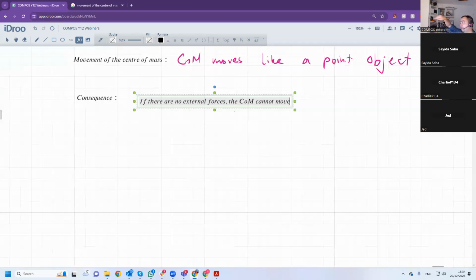You need to walk outside and push it from the outside, and in this case, the friction from the road is the external force. When a car moves, the friction from the road causes the car to move forward. But if you're inside, you cannot make it move. So you always need to push against something, right? So the center of mass cannot move.